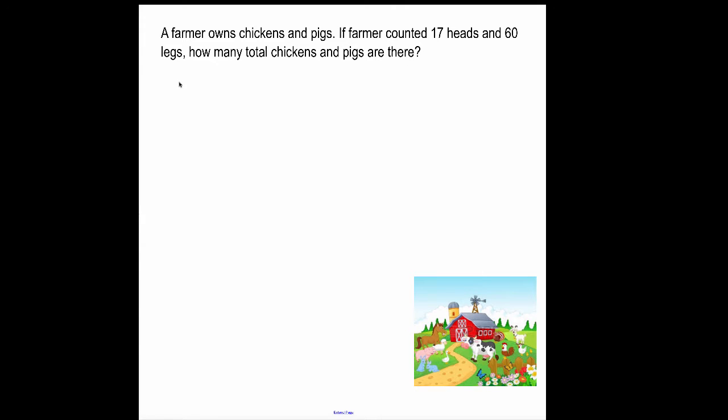So I'm going to define my variables. Chickens and pigs, and I need to know quantity. So I'm going to say that C is my number of chickens, and P is going to be my number of pigs.